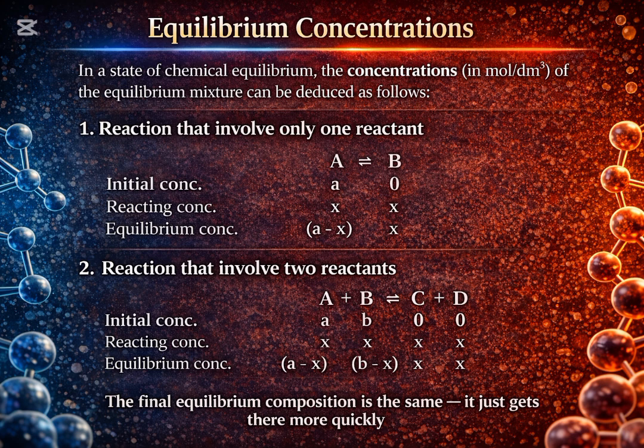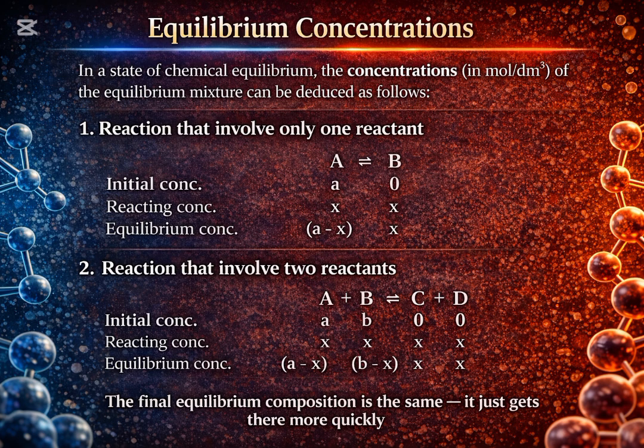So at that particular time, the amount being formed from A is x, and the amount disappearing from A is also x. Then row 3, equilibrium concentration. When the reaction is at equilibrium, the concentration will be a minus x under A, and the concentration will be x under B.